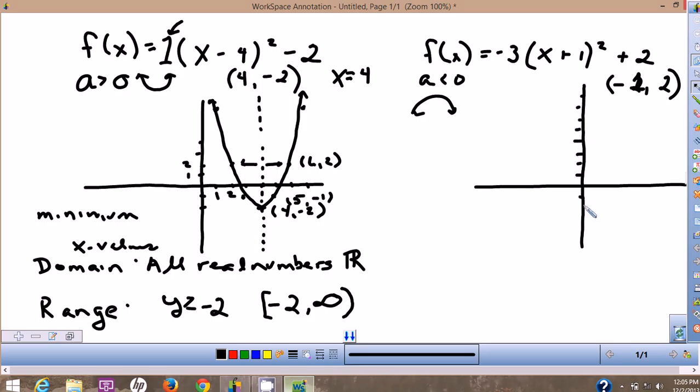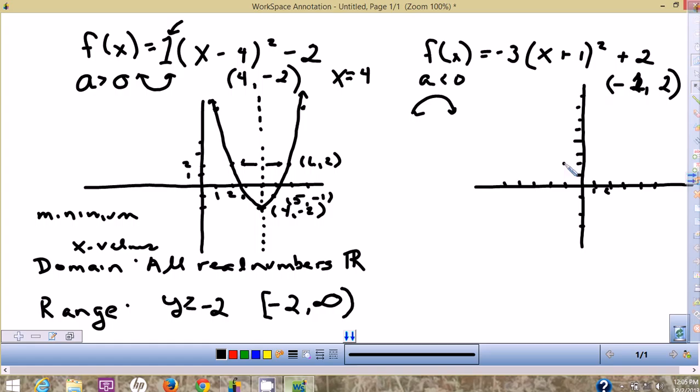And put our units on here, and we're marking this off 1 unit at a time. So this is 1, and this is 2, and the same thing going up. This is my x-axis. So my vertex here is at the point -1, 2. And I have a vertical stretch by a factor of 3, and this thing opens down. Remember, I've got a negative there.